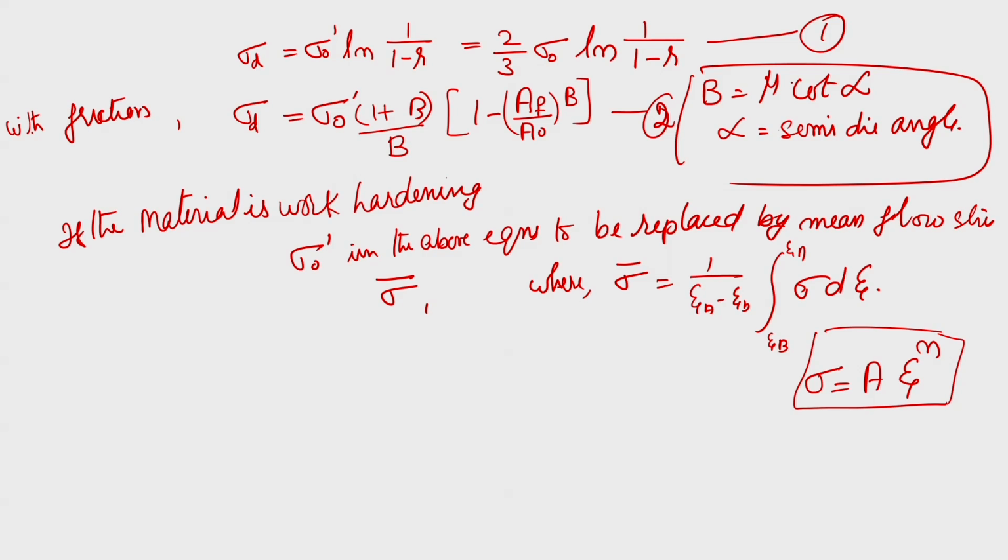If you have the flow curve of the material, that is the true stress versus true strain curve in the plastic region, then replacing this stress component by the average flow stress will be the most convenient thing. And there are many other expressions if you are considering friction as well as the redundant deformation.